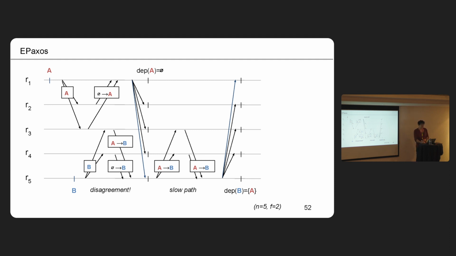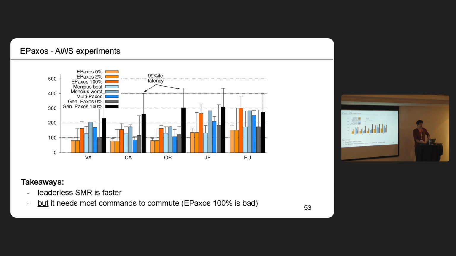Okay, so let's run this thing in a distributed system. So here is a graph of an evaluation in which the authors of this egalitarian Paxos idea have tried to evaluate their system. So egalitarian Paxos is in orange, and you have 3 flavors of it. You have without any conflict, the 0%.